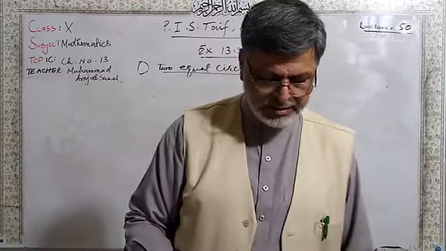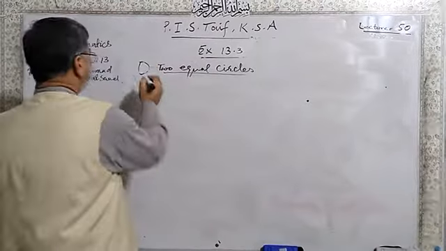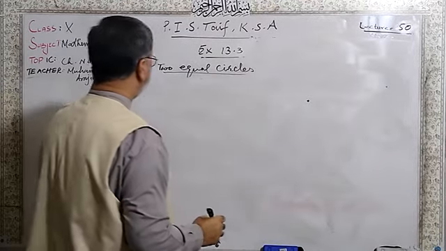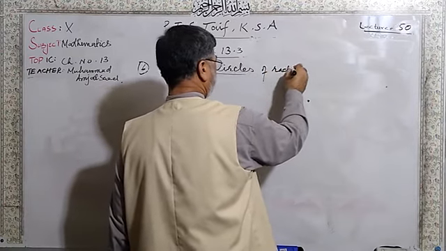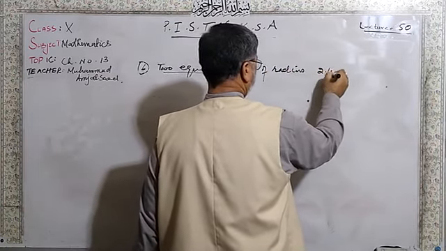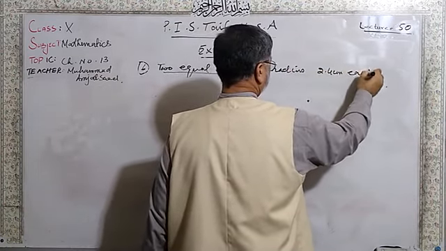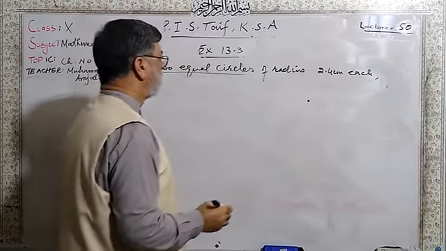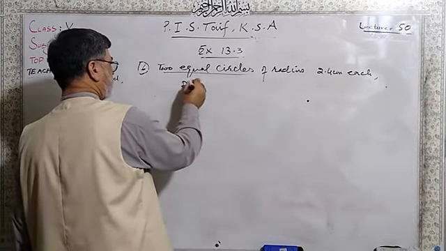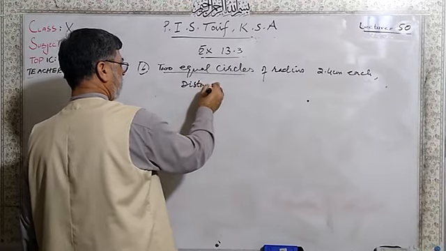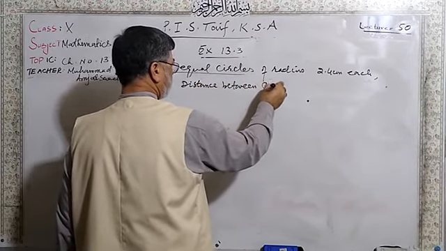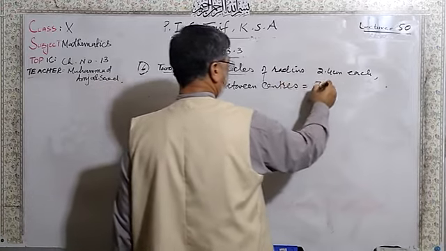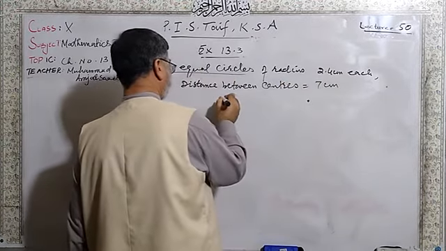Question number 6. Draw two equal circles of radius 2.4 centimeter each. Distance between centers is equal to 7 centimeter.